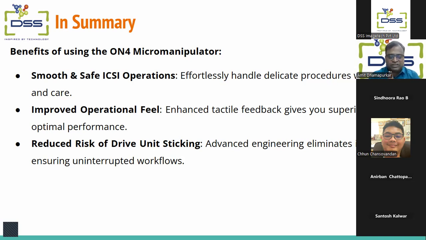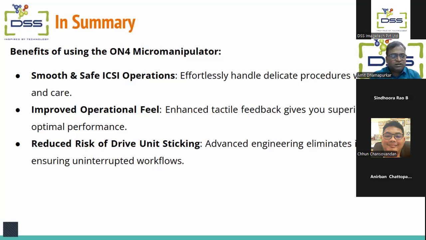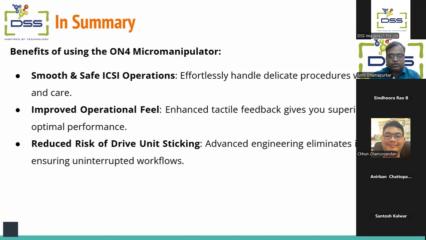The halogen lamp is very important with the filters, a frost-free filter and the LBD filter, to convert the halogen yellow light into white light, to get the smoothing effect. So this is a smooth and safe ICSI operation without the yellow light. It's with the white light effect, which is the daylight effect that people normally want to use.